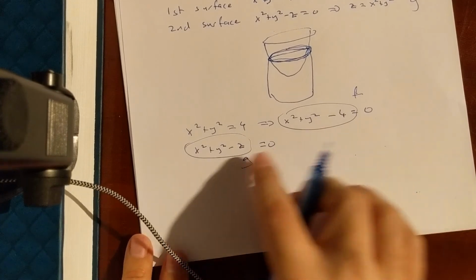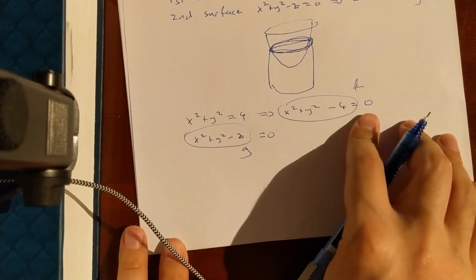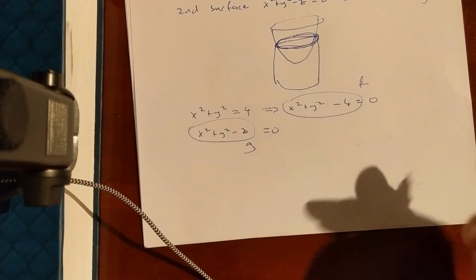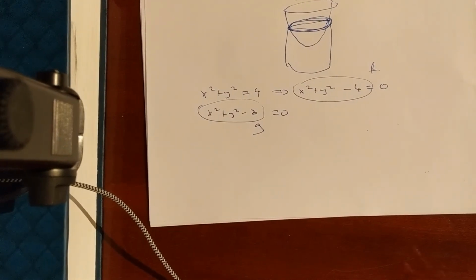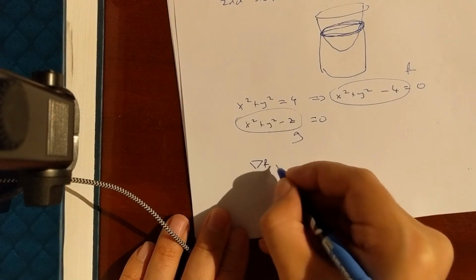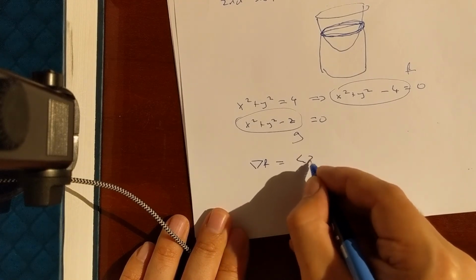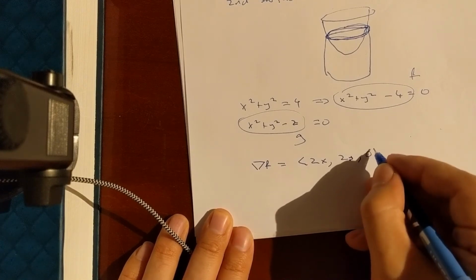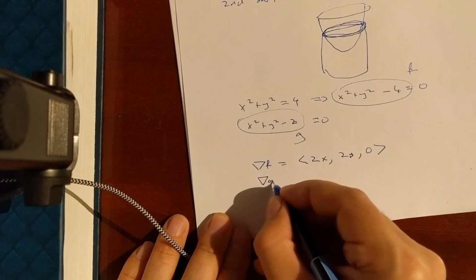Now f is a function of 3 variables, the level surface at height 0, and g is a function of 3 variables again. It's just that there's no z in f, so the z derivative is just 0. So let's calculate the gradient of f. It's going to be 2x, 2y, and there is no z, so that's 0. And what is the gradient of g?